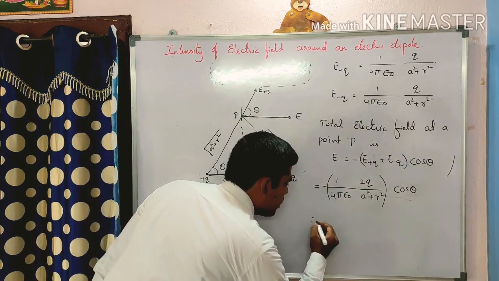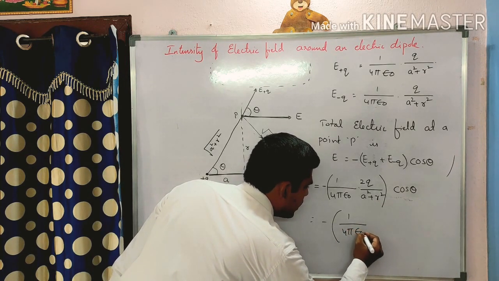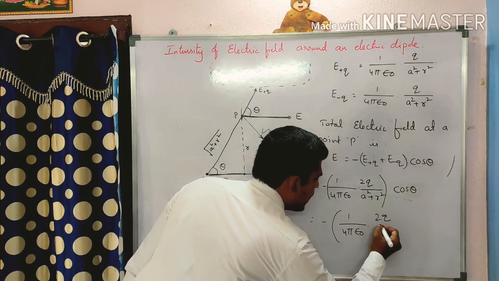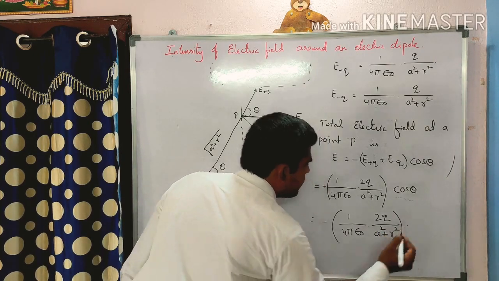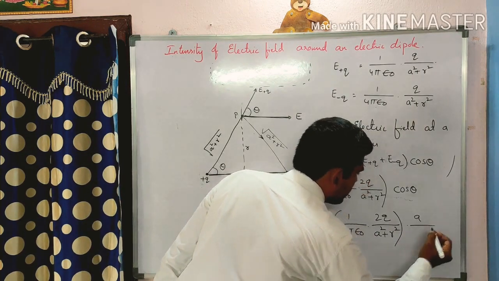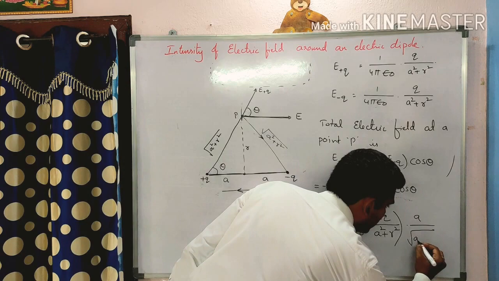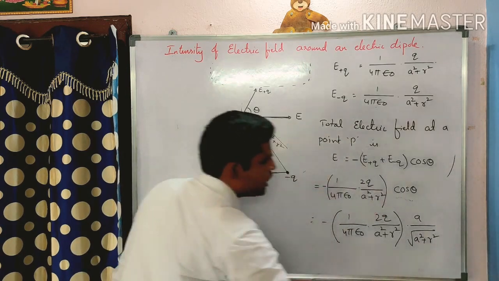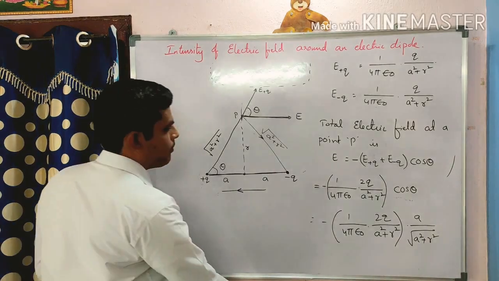So we write minus 1 by 4 pi epsilon naught 2Q by A square plus R square times cos theta, adjacent side A by hypotenuse, under the root A square plus R square.